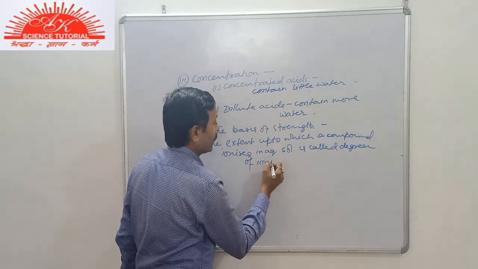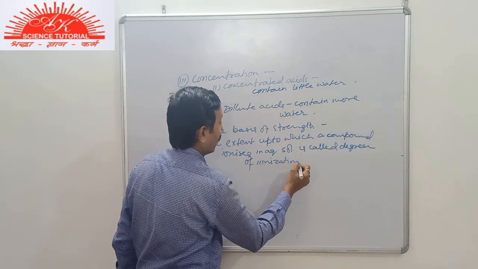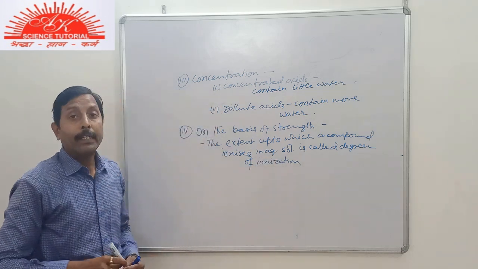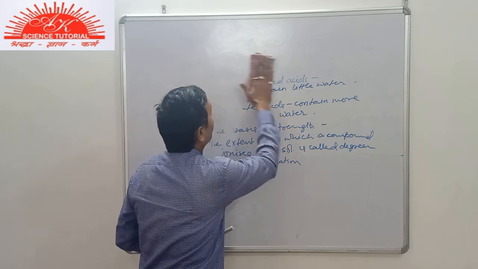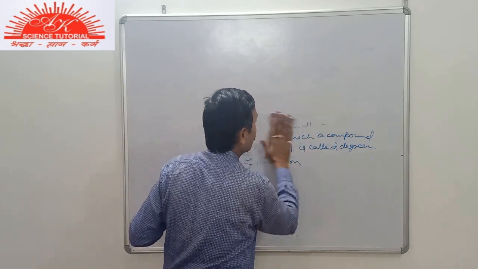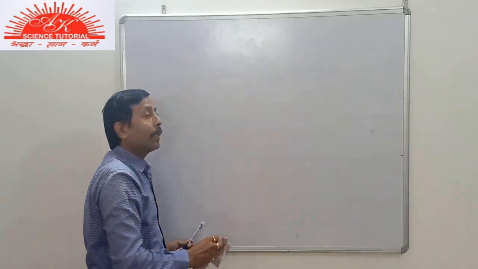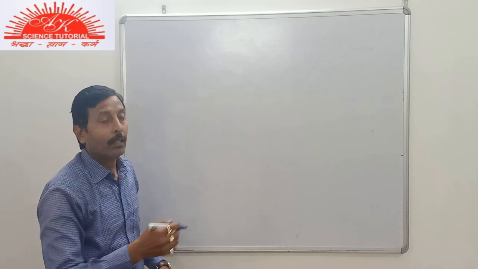Degree of ionization is denoted by the alpha symbol and is expressed in percentage.